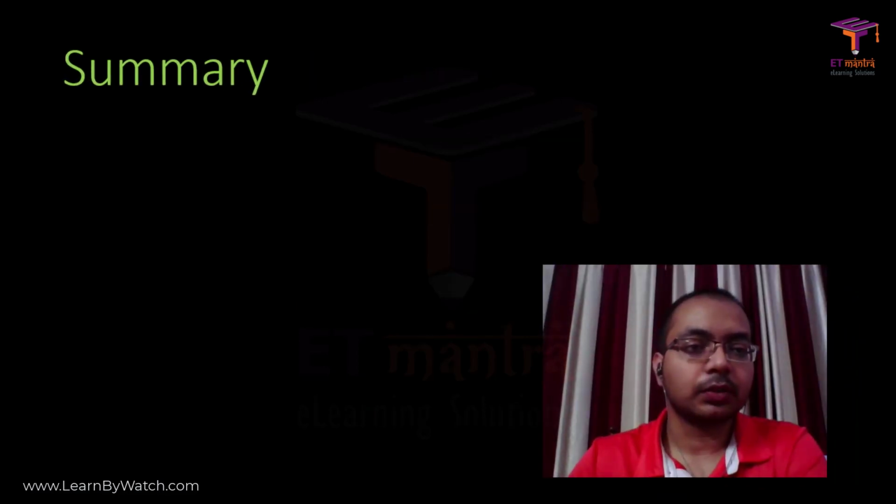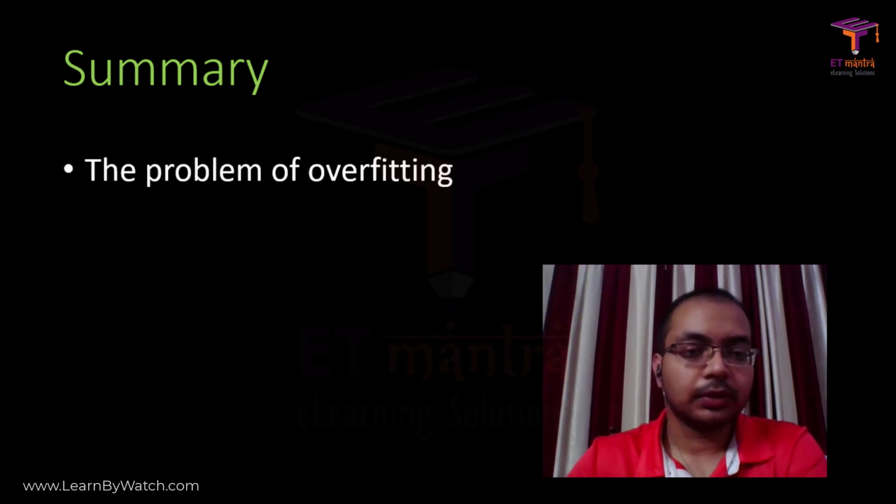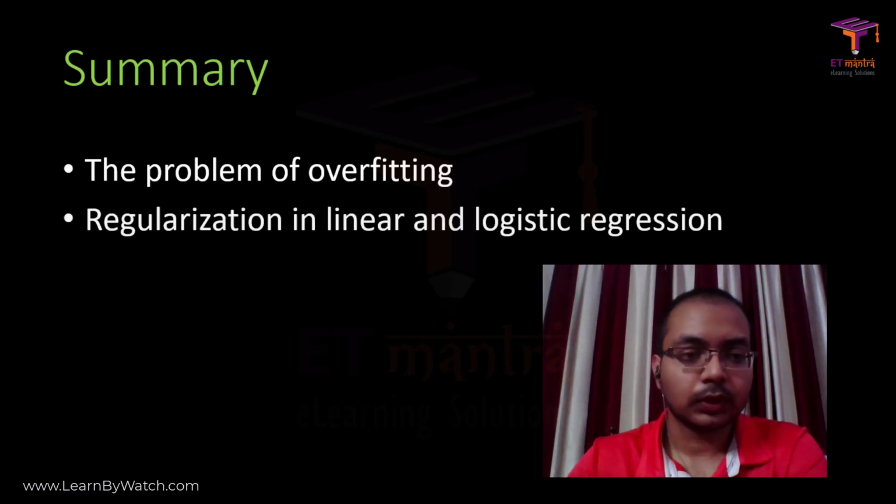Now we will summarize what we have learned today. Basically, we discussed two problems. The first was the problem of overfitting, and we saw how we can use the regularization parameter in both linear and logistic regression to overcome it.